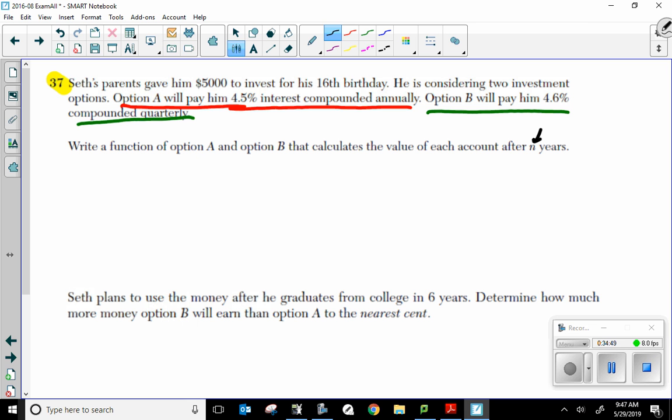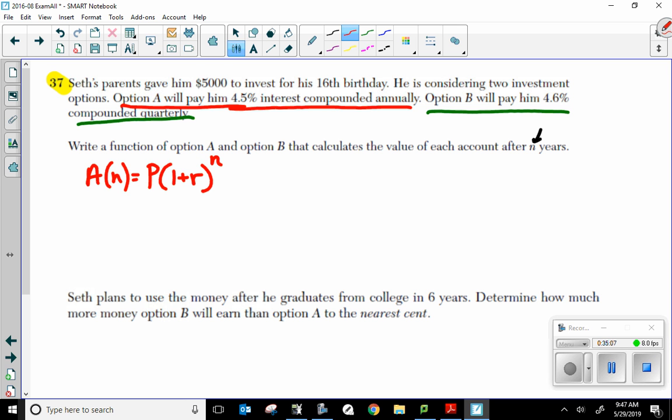All right? So option A, which I've underlined in red, I will say A of n equals. All right, this is growth and decay. It's your principal times 1 plus your rate, raised to time, which we are going to call n.